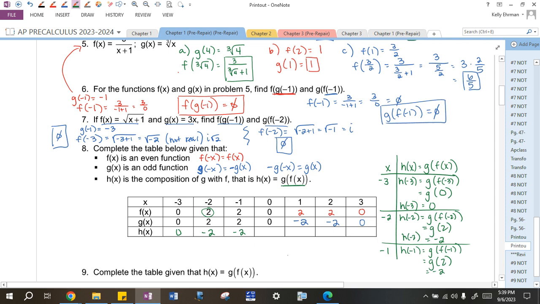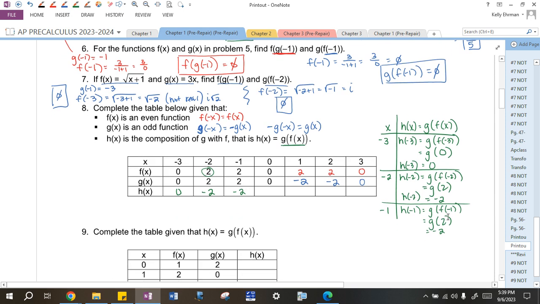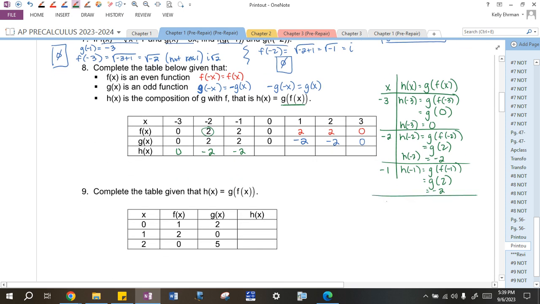If we do this for the zeros, I kind of ran out of room there. I can squeeze it in. h of 0 is g of f of 0. f, when x is 0, f is 0. When x is 0, g is 0.